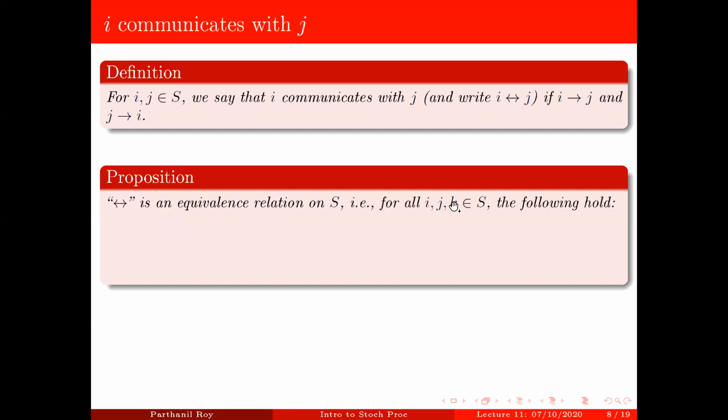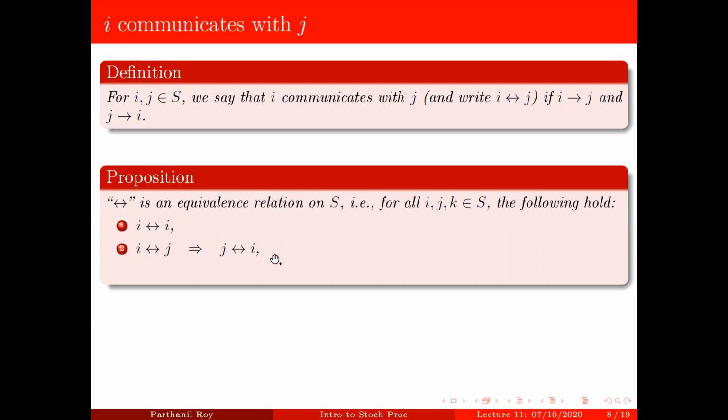Namely, for all i, j, k in S, the following will hold. i communicates with i, that's the reflexivity of the communication relation. i communicates with j will imply j communicates with i.